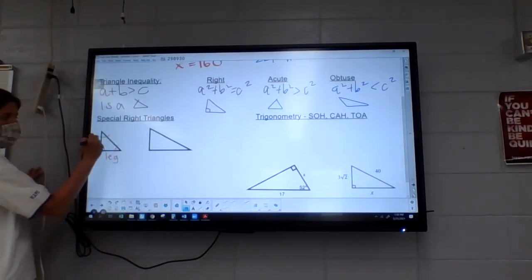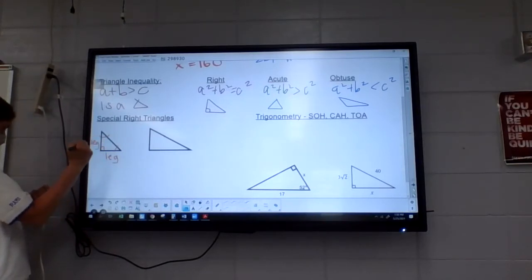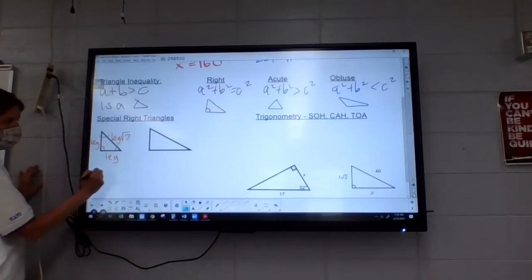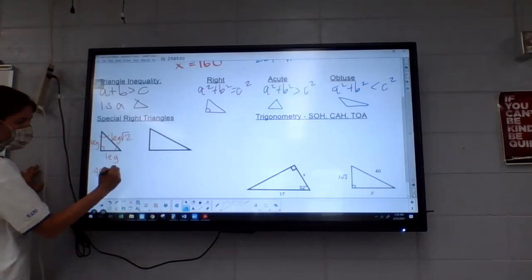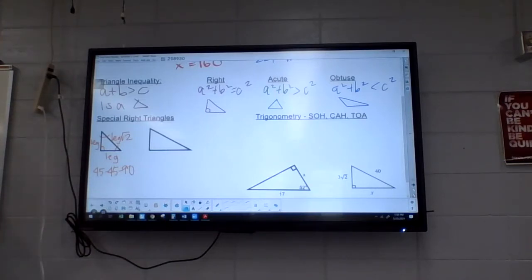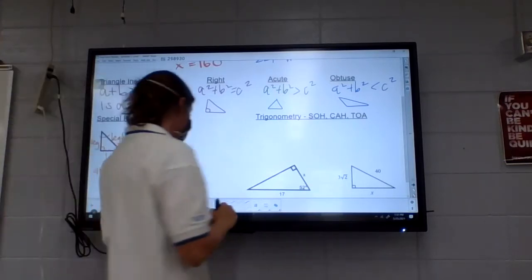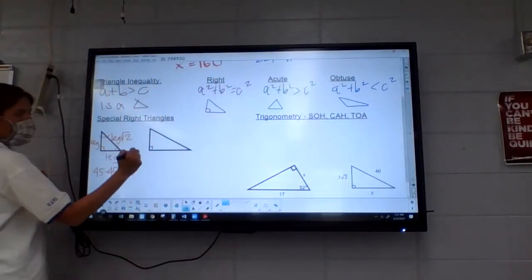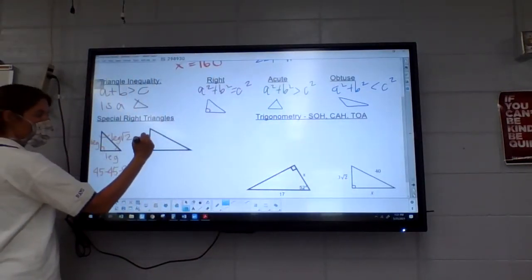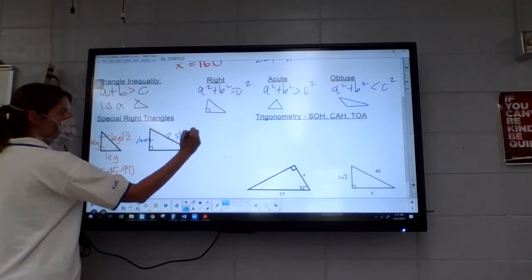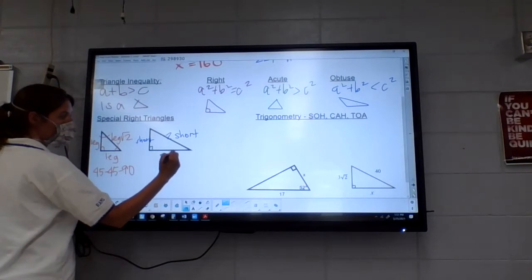This is leg, leg, leg squared to 2. This is the 30, 60, 90 where we have short, 2 times the short, squared to 3.